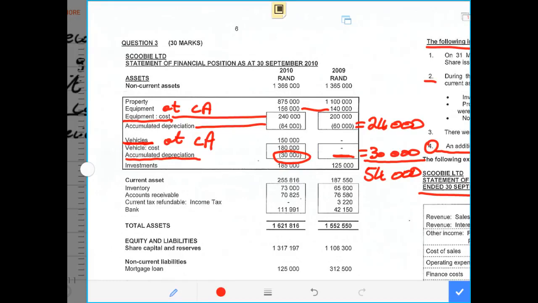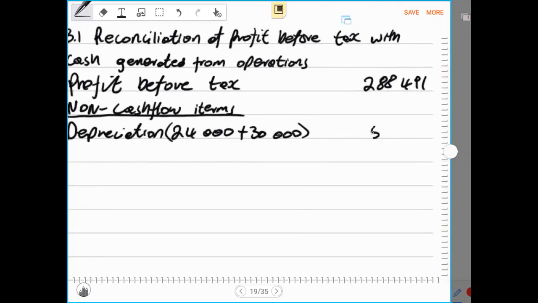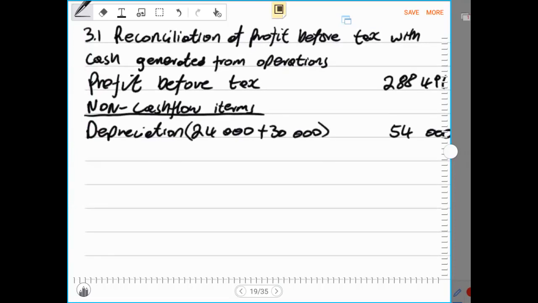So now our total depreciation that will appear in the reconciliation note will be 24,000 rands depreciation for equipment plus 30,000 rands depreciation for vehicles. Therefore, the total depreciation of 54,000, which is a non-cash item that must be cancelled or reversed or reconciled, will be a total of 54,000 rands.